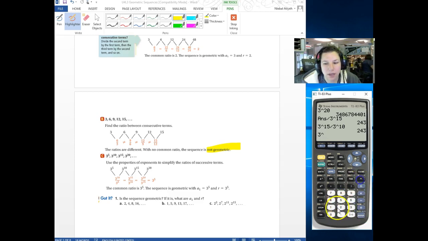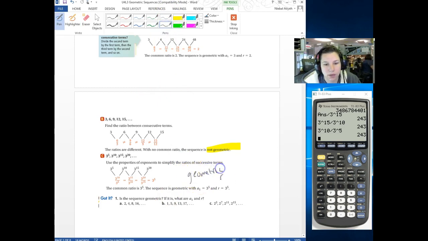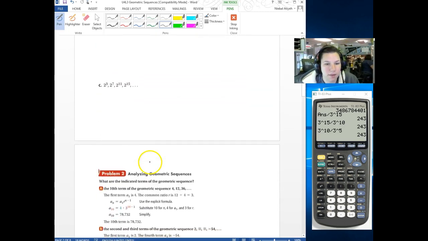And then 3 to the 10 divided by 3 to the 5, we get 243. So this is also a geometric sequence. Your first term is 3 to the 5, and your common ratio is 243, which is also the same thing as 3 to the 5. Questions for you to try.